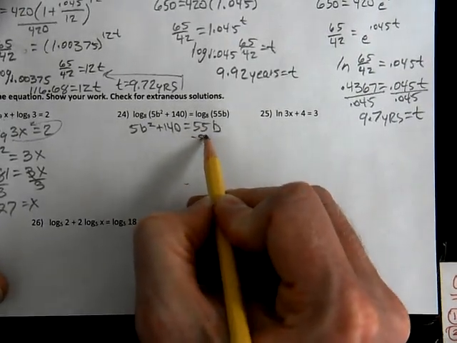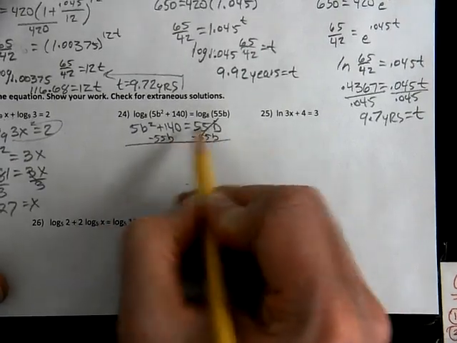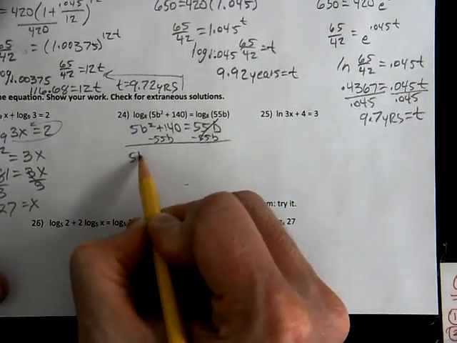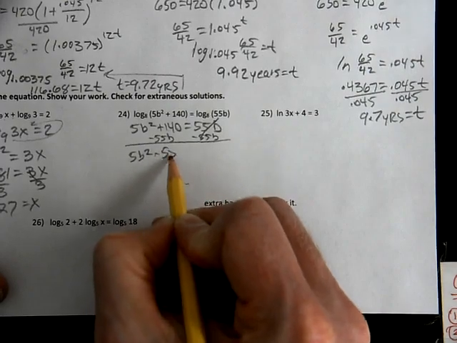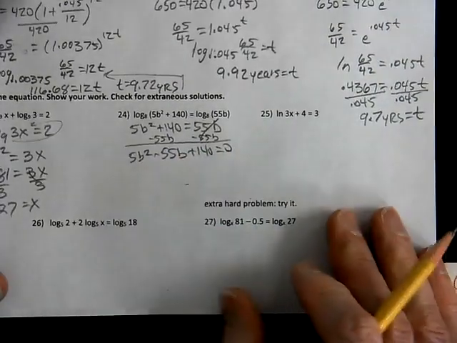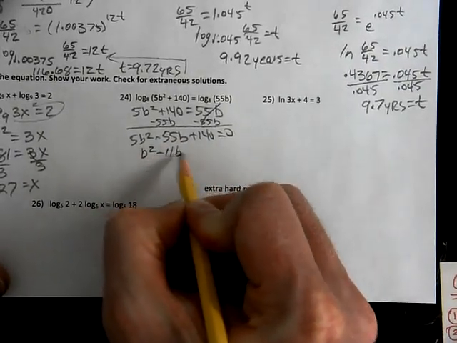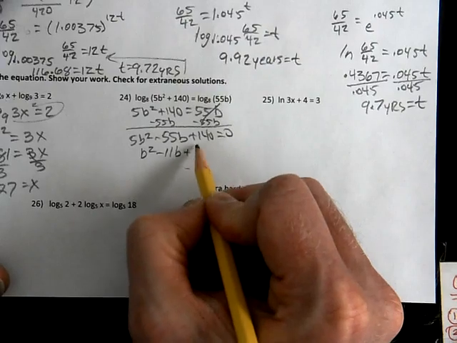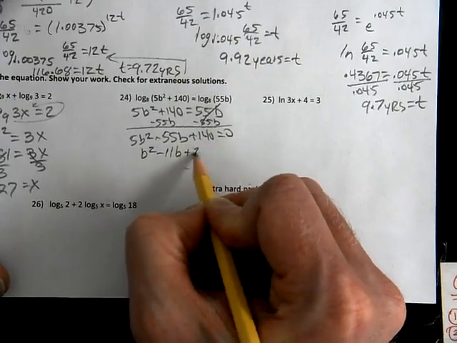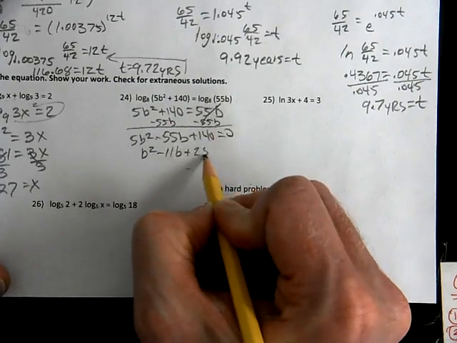We're going to subtract the 55b across because we have two different types of b's. We have a b squared, we have a b, and we also have our constant. So we're going to divide by 5. So 5 goes into that 2 times, 4, so 5 goes into 48 times.